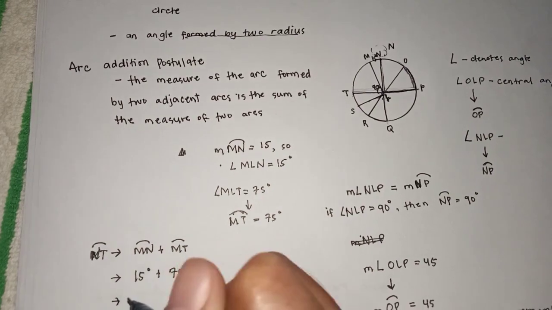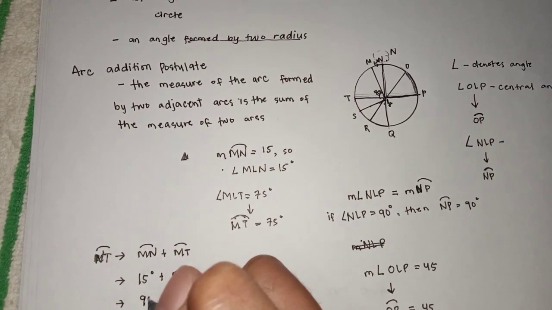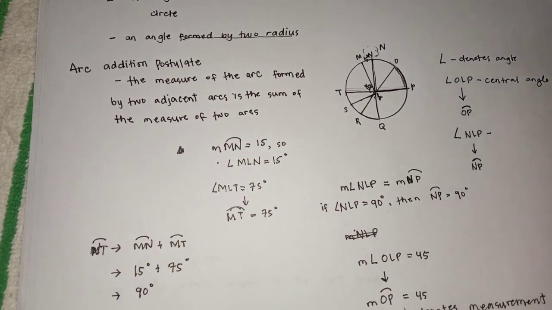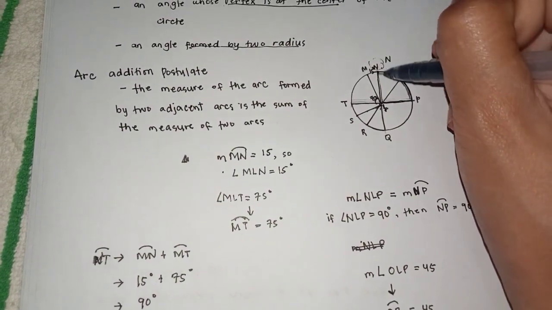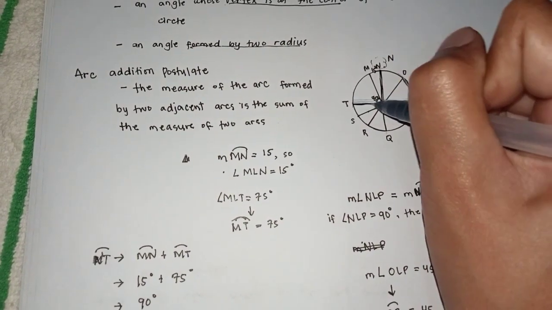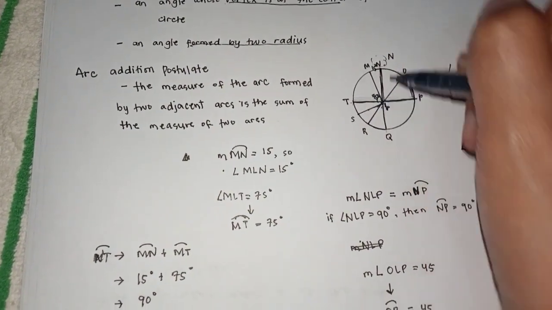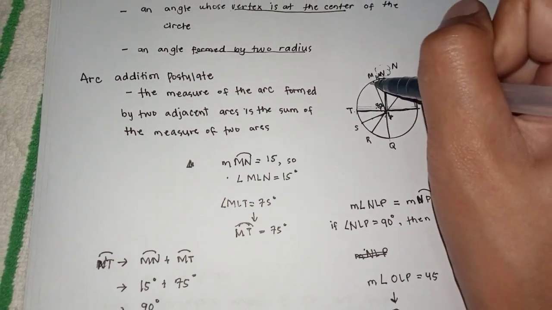As you can see in the figure, the angle TLN and its intercepted arc TN equals 90 degrees. Okay, let's try to answer this one.